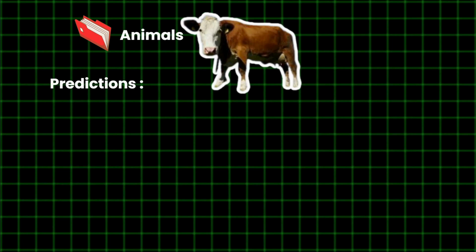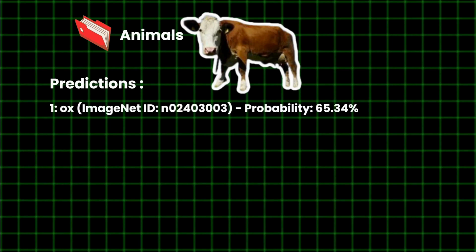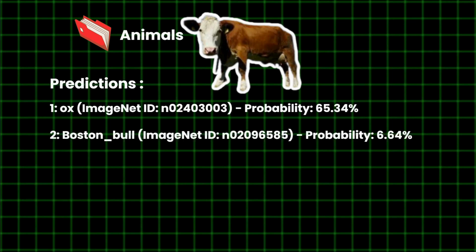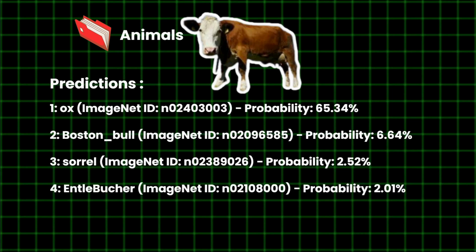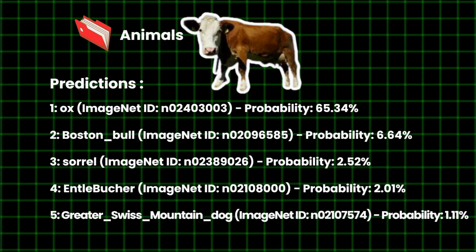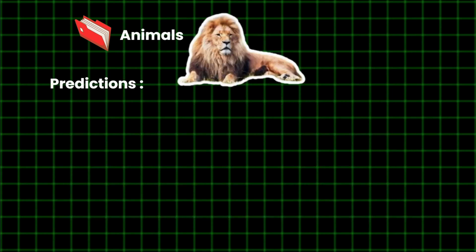Then this image is a cow. The first prediction, for 65%, is that it's an ox, then Boston bull for 6%, sorrel for 2.5%, ambusher, and Great Swiss Mountain Dog. For the last one, it's totally false.